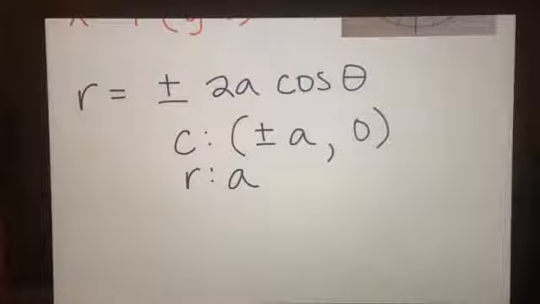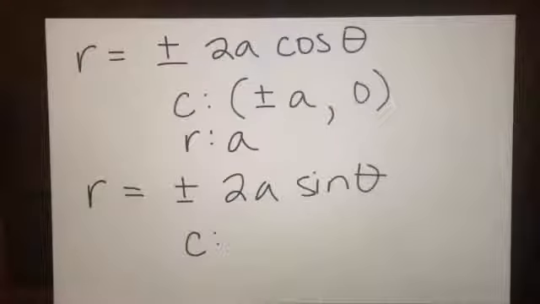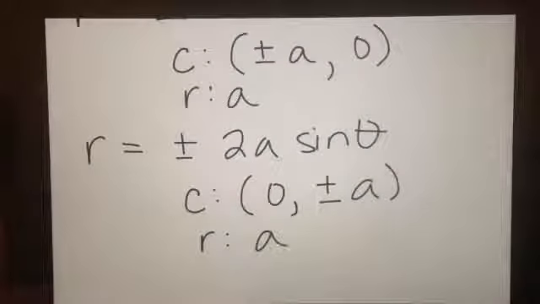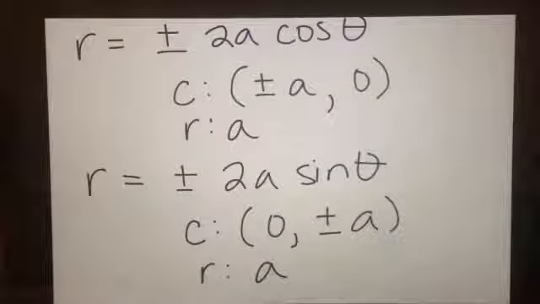If you have an equation to begin with, like r equals plus or minus 2a times sine theta, that's like the example we just had, then the center is going to be (0, positive or negative a), and the radius is just going to be plain old a. So since that's a formula we have now, we don't have to do the same process over and over to get these in graphing form. We can just graph them.